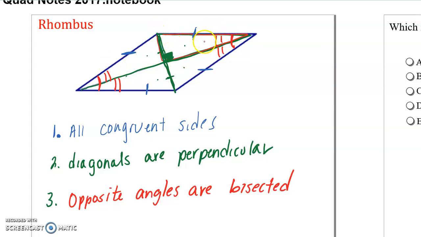So if I said this was, let's just say 30 degrees, well, so is this, and so is this, and so is this, and this is 90, now makes these 60, 60, 60, 60. So inside the rhombus, we have to remember that these corners are all the same. So it's kind of a hard way to word it, but we say that opposite angles are bisected or bisect each other, however you want. Okay, so let's quickly go through, because we got a lot to do.